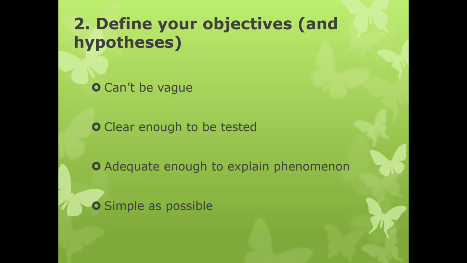Because if you get a big expansive project that has 6, 7, or 8 different objectives, then that's going to result in between 8 and probably 24 different hypotheses. So a lot of stuff to test.